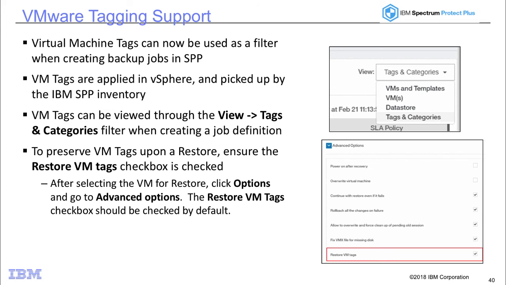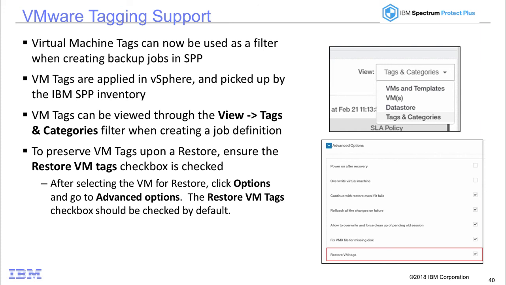You go in and apply the tags in vSphere, and then they're automatically picked up by the Spectrum Protect Plus inventory. You can view those in the backup job selection pane by using the tags and categories filter when creating the job definition.